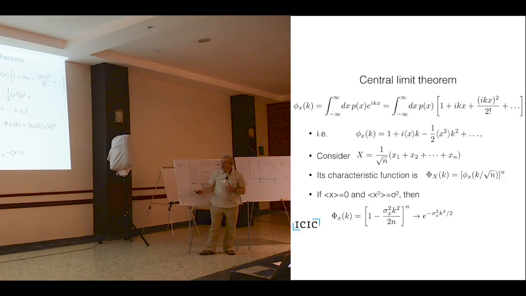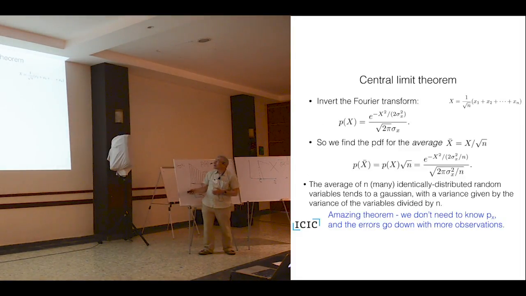So that tells us that in the limit of large n, the characteristic function is a Gaussian in k-space. And if we want to get the probability distribution, then we invert the transform, and as you know, the inverse of a Gaussian is a Gaussian. So P of this quantity, big X, is this, just inverting the Gaussian in the transform.